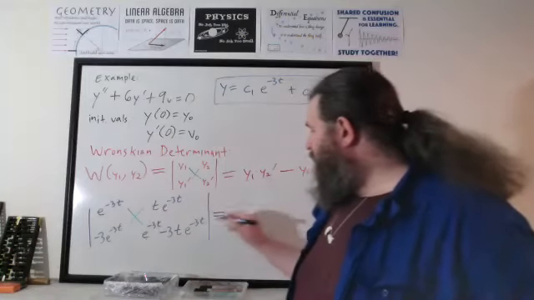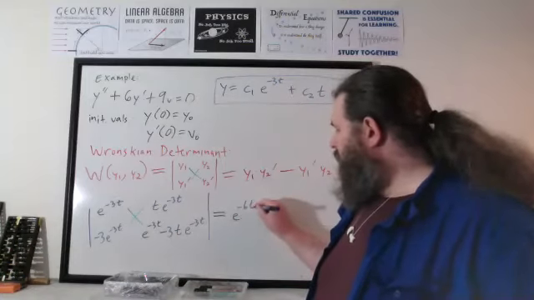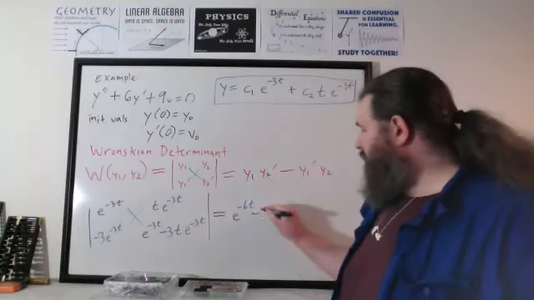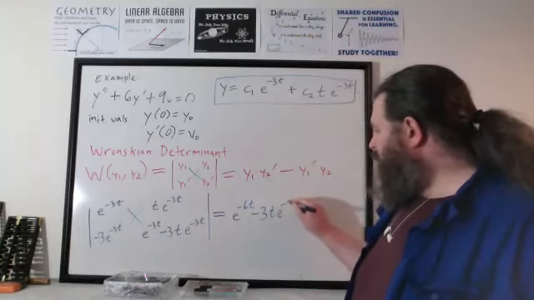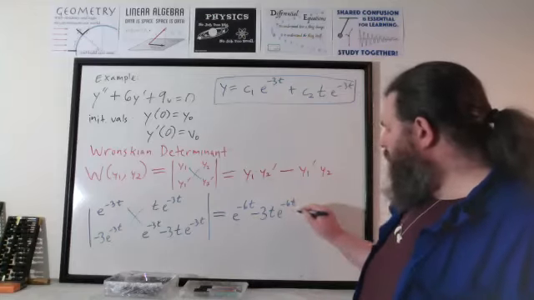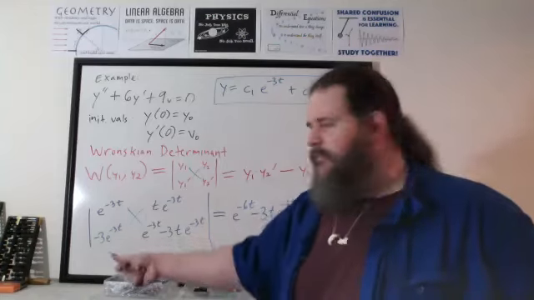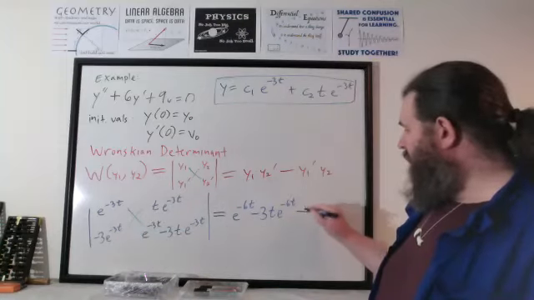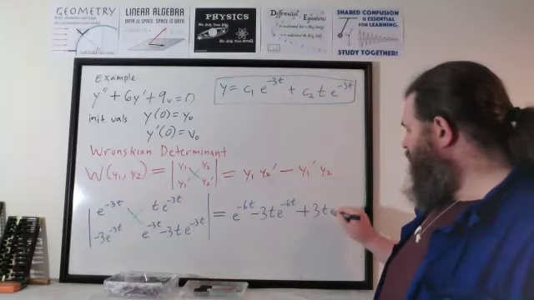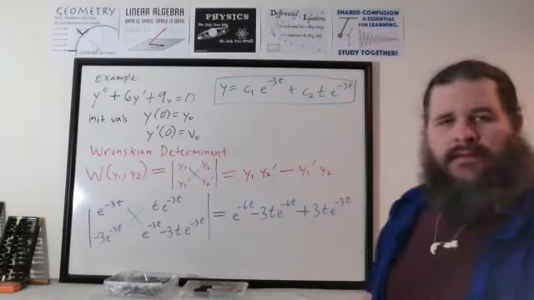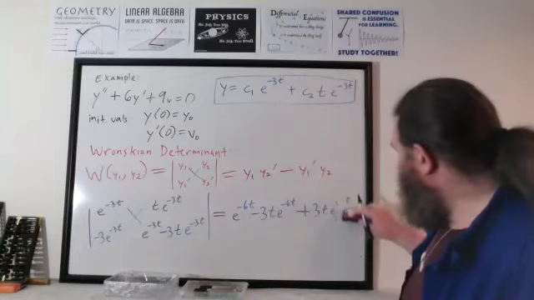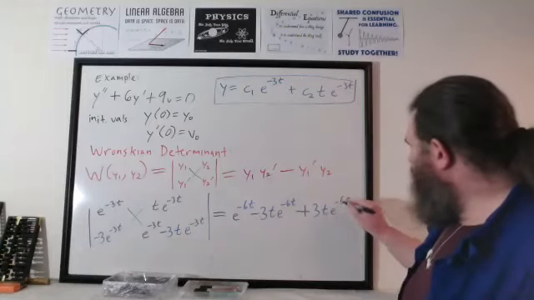E to the negative 3t times e to the negative 3t minus 3t e to the negative 3t times e to the negative 3t. And then subtract the other diagonal. T e to the negative 3t times negative 3 e to the negative 3t becomes plus 3t e to the negative 3t. Wait, we're multiplying e to the negative 3t times e to the negative 3t, so that's actually negative 6t.